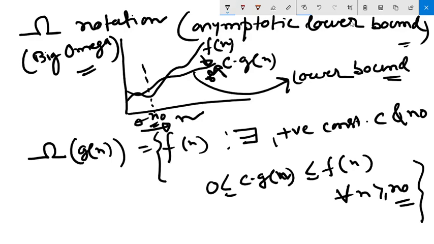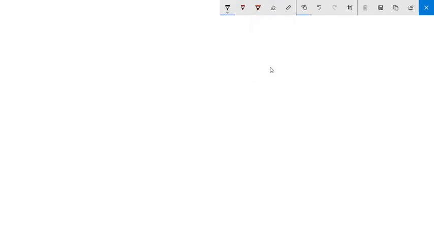Apart from this, we also have two other notations, which are called small o notation.